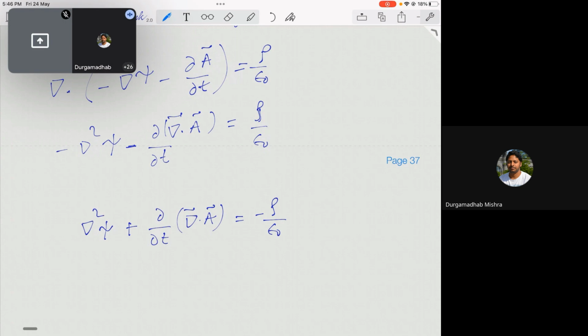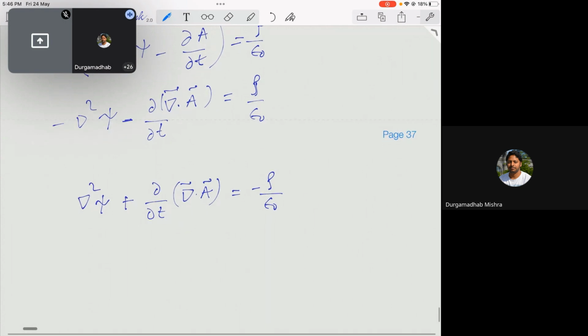So this is one equation that I have obtained by substituting the form of E in terms of its scalar and vector potential.